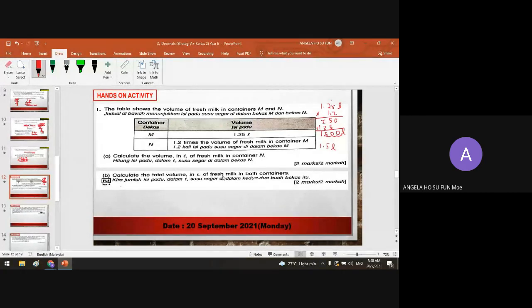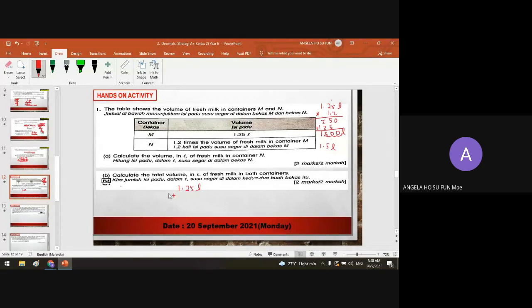How about B? Calculate the total of fresh milk in both containers. Anyone? 2.7 liter? Are you sure? 2.75 liter? Okay, we do together. One says 2.7, one says 2.75. So we see 1.25, this is in M, plus in N, just now you're looking for, this is 1.5.